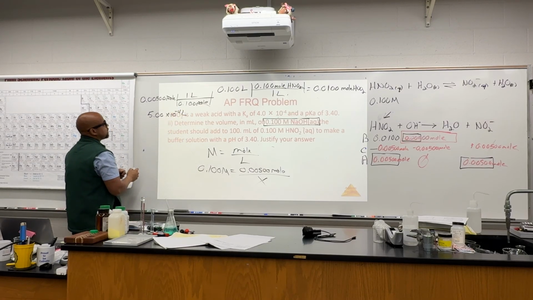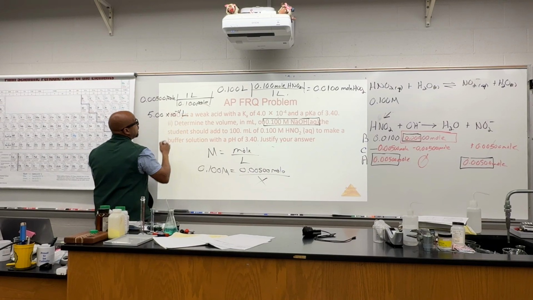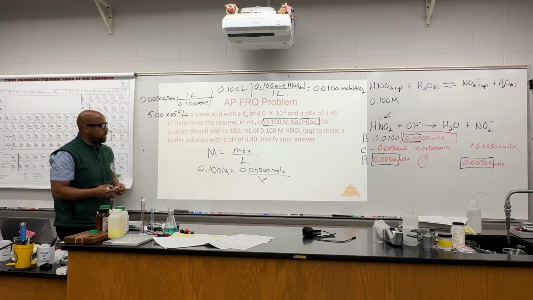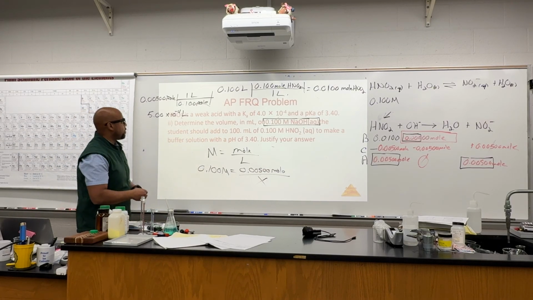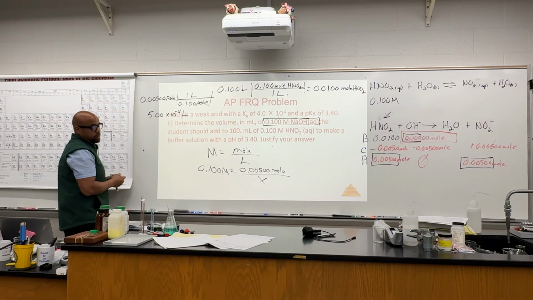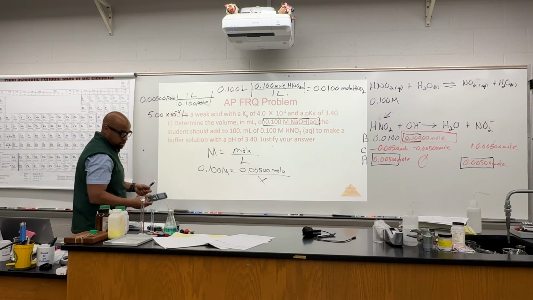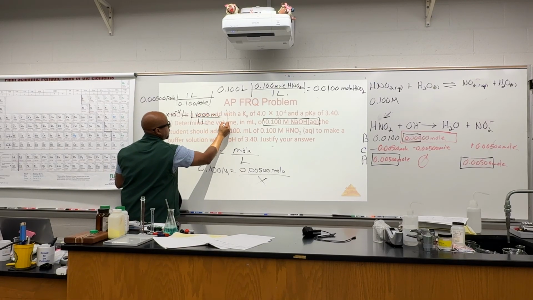And of course, it's liters. I can leave my answer here, but I would probably convert it to milliliters. To be truthful, they did say determine in milliliters, so I need to go ahead and convert it to milliliters. For every 1 liter, I have 1,000 milliliters.